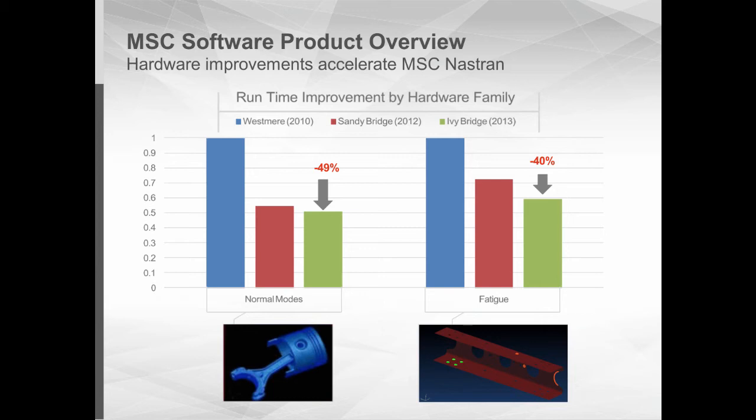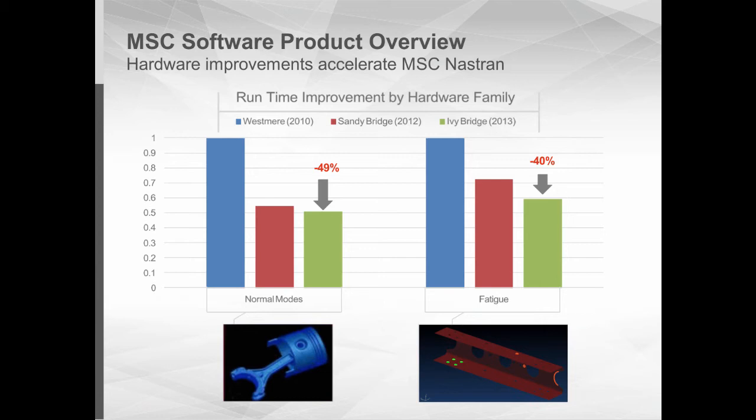On the right, we have a fatigue job, and we again see the same trend in going from Westmere to Ivy Bridge. And we would expect that when we get the data for the Haswell, the trend will continue. So this is just, again, reinforcing the comment from Paul that you can get performance benefit with MSC Nastran just by upgrading to the newest hardware.